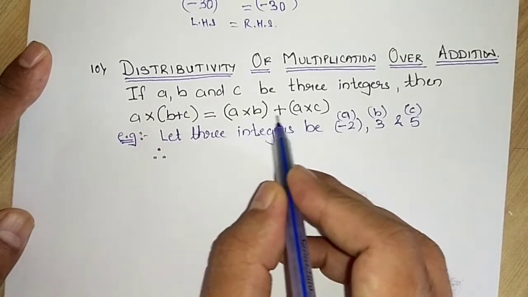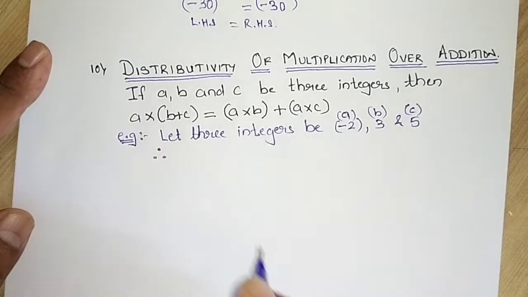The resultant answer will be the same, that is LHS is equal to RHS.